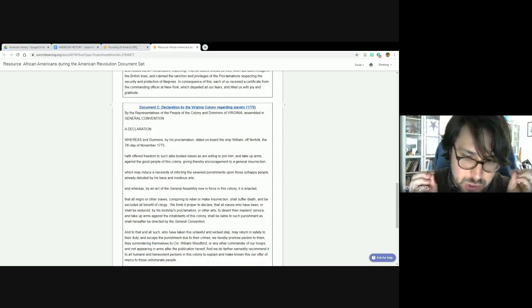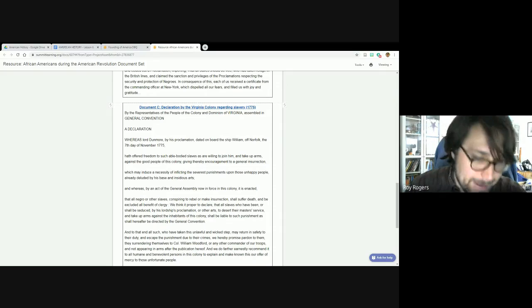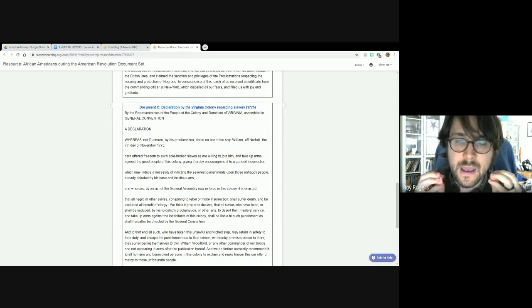They were the first person perspective of what it meant to be a Black person at that time. This, on the other hand, is a declaration by the Virginia colony regarding slavery. This is written by white people in Virginia in the government, saying how they responded to what was going on with slavery. And the British.